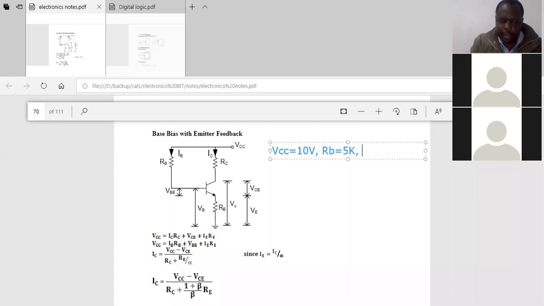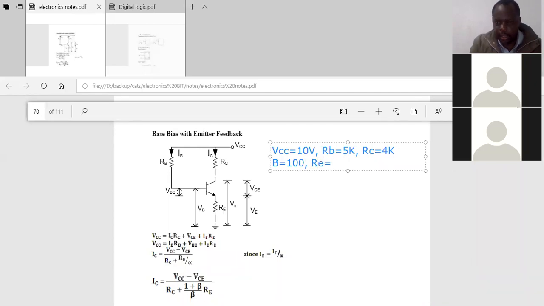RC was 4 kilo ohms. And then we had beta at 100. Yeah, beta is 100. And of course, our VBE being 0.7.